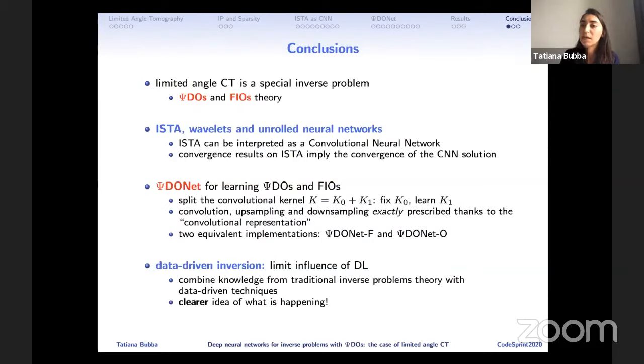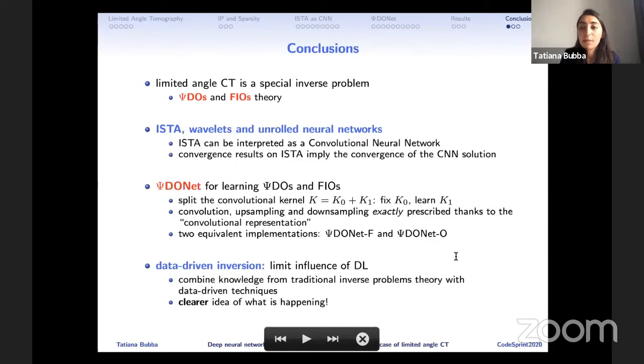While this might seem like we are forcing the network to do certain things, we noticed that it leads to quite satisfactory results. And then we provided two different implementations, one that uses explicitly the filters to carry out these convolutions and this representation of the kernel, and one that does it in an operator way, so that it learns something more on top of the information we store in K0.